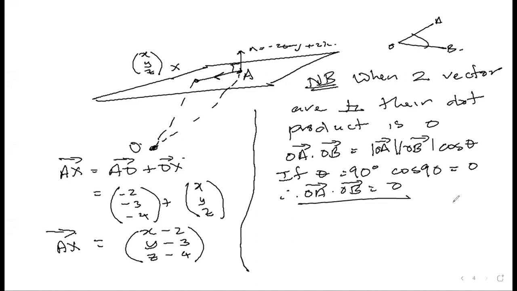So what we're saying now is that this vector n and this vector AX, and remember x is any point in the plane.